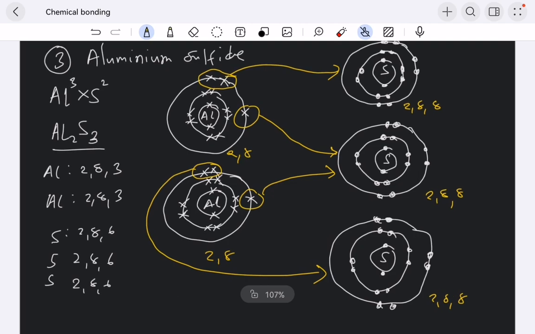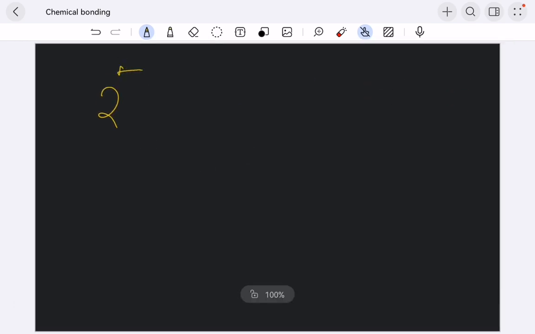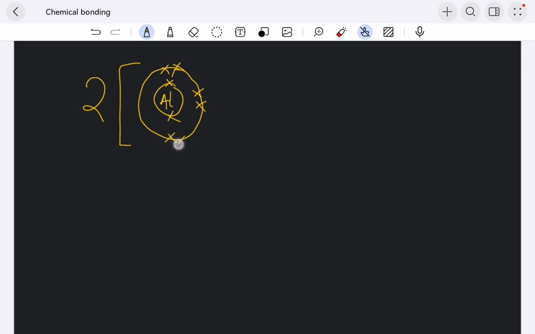Therefore, a condensed formula for this becomes 2, then aluminium, so 2,8, stable, then I say 3 plus, then 3 of the sulfur.